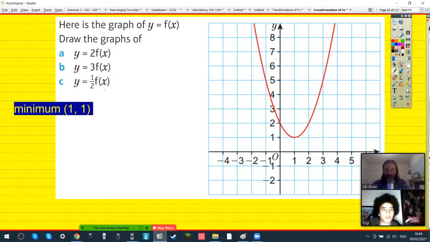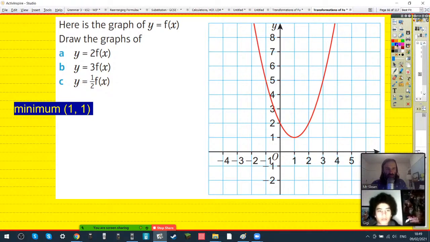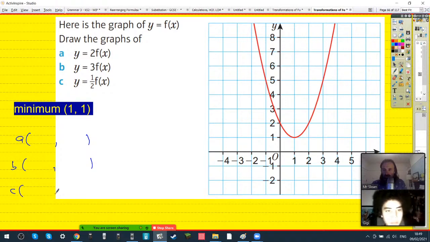Okay, so minimum is 1, 1. Let's try this. New minimum. Alright, so 2f. You times it by 2.